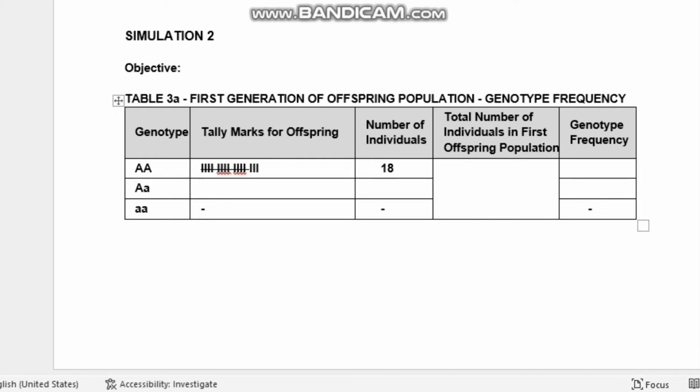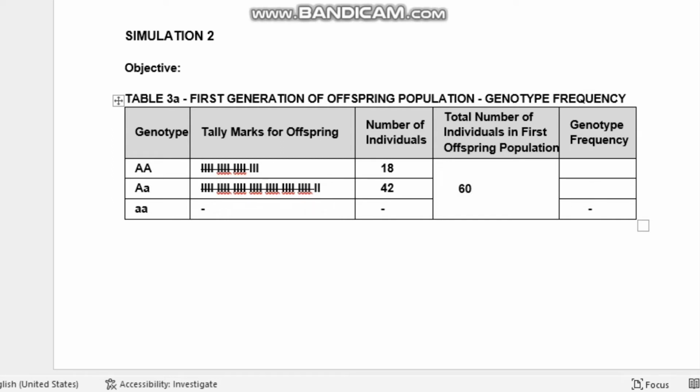For genotype Aa we get 42 tally marks. So the total number is 60.